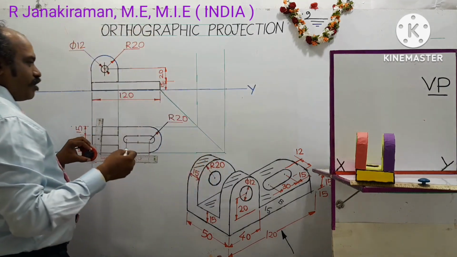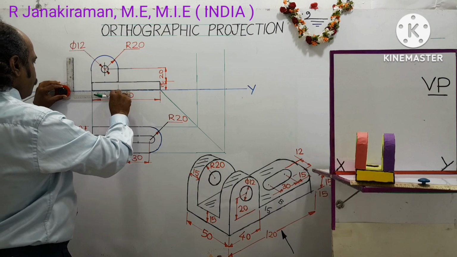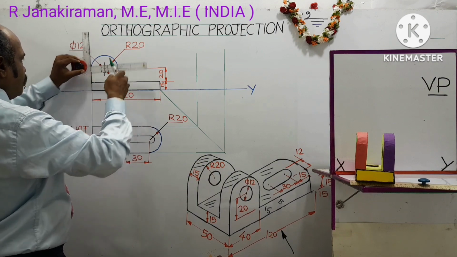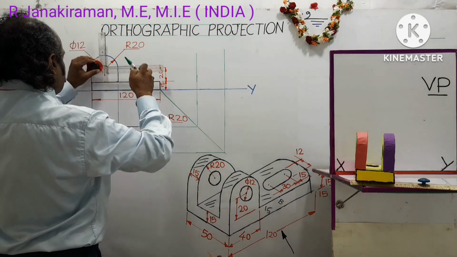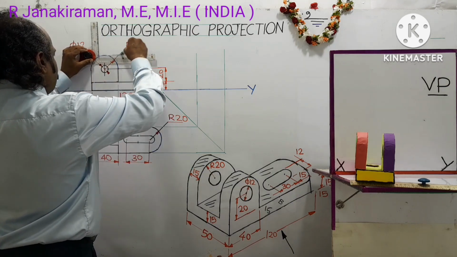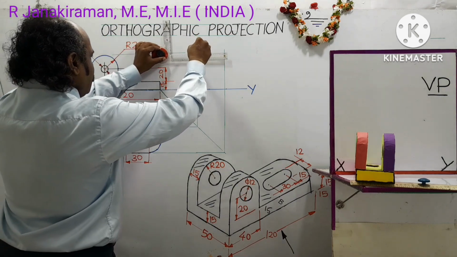Also, you draw a projection line from the previous front view. This is the previous front view. The top edge is to be projected using a 2H pencil, called a projection line.